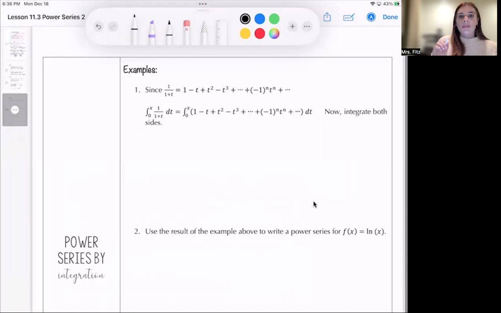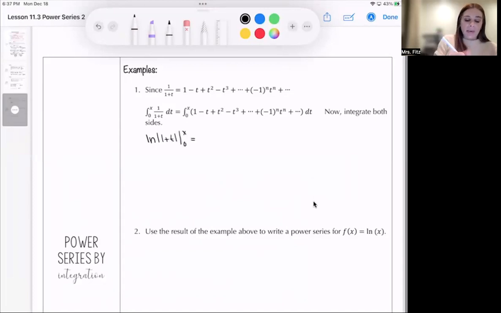The integral from 0 to x of 1 over 1 plus t is the integral of that whole sum, right? So now we're going to integrate both sides. All right, so let's start with the integral from 0 to x of 1 over 1 plus t. That would be the natural log of the absolute value of 1 plus t evaluated from 0 to x.